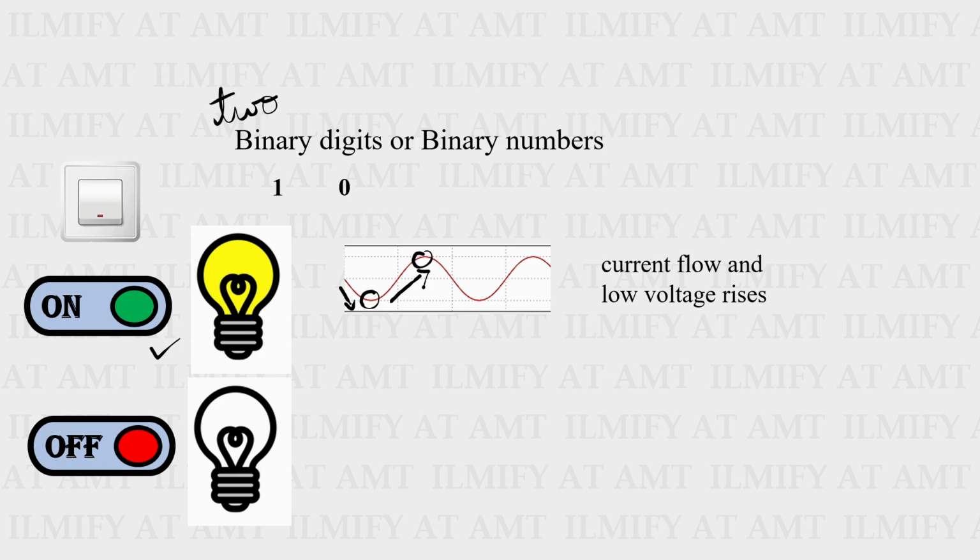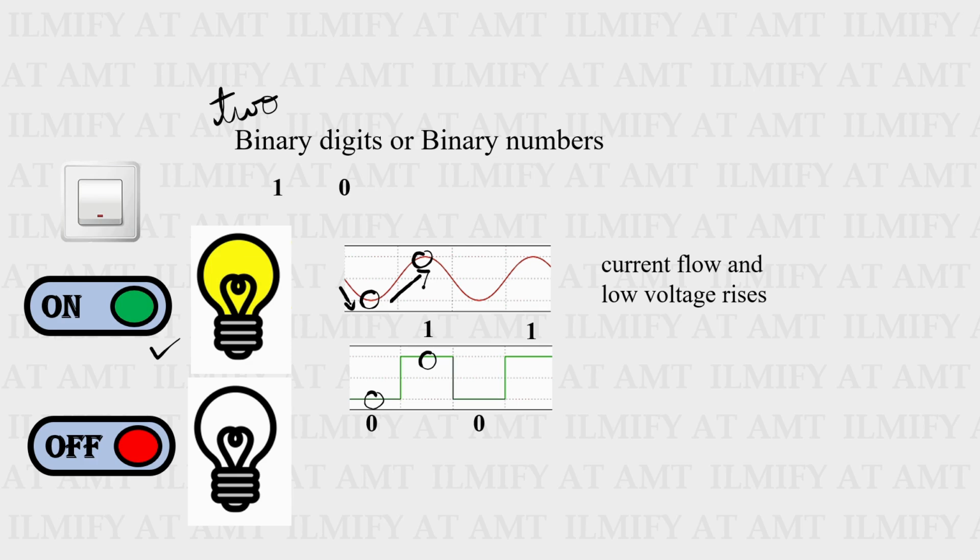In a sine wave, there is increment and decrement of values, making it a bit difficult to represent the working of a switch. But if we take the square wave, we can easily represent the off state as 0, where the voltage is 0 as well, and the on state as 1, with the presence of a certain voltage across the bulb.